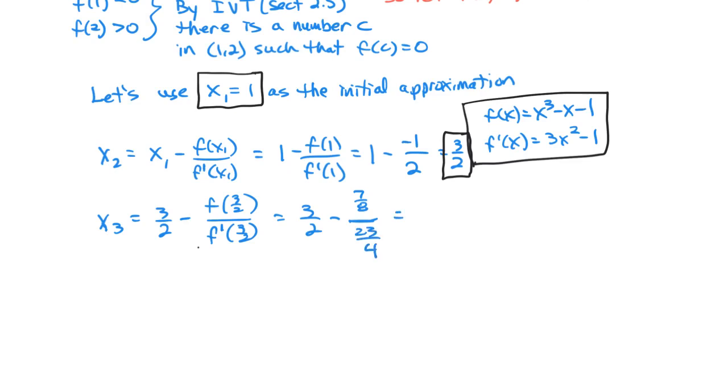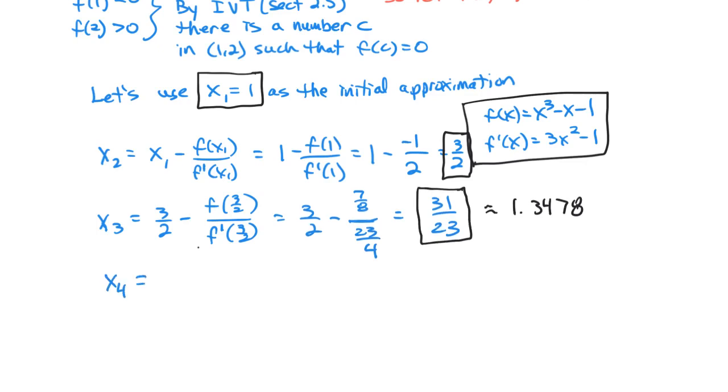And you get 31 over 23. So this is our third approximation, and that is equal to about 1.3478.